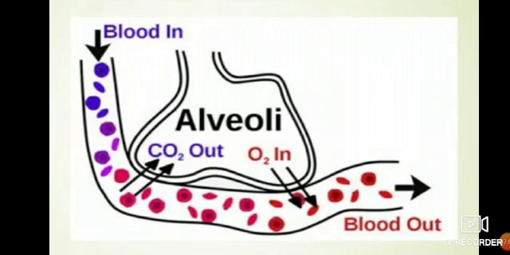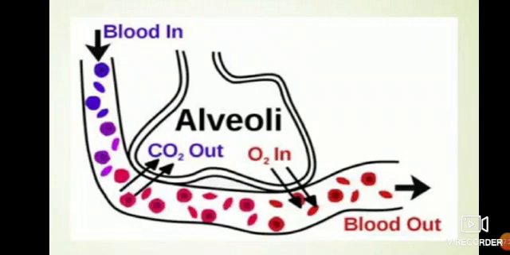So blood vessels are giving carbon dioxide to alveoli, and alveoli is giving oxygen to the blood vessels, so that the blood vessels can give oxygen to all parts of the body. So this is the relation between the alveoli and blood vessels.